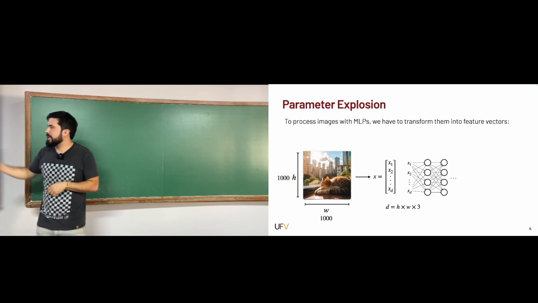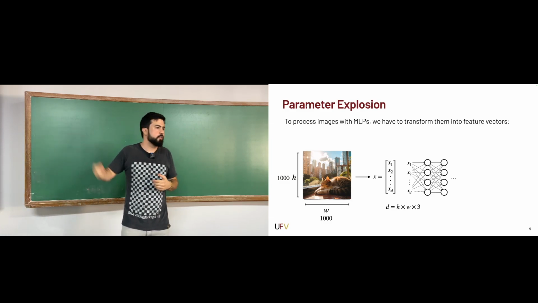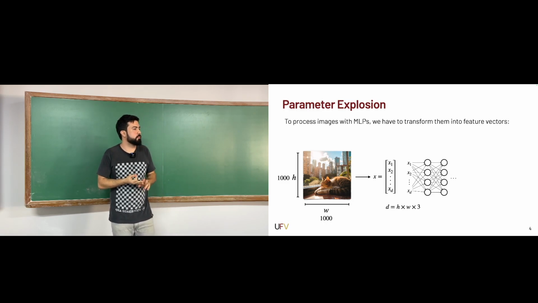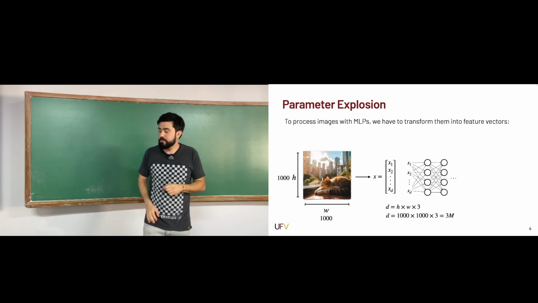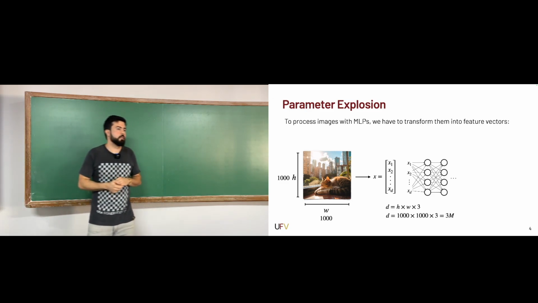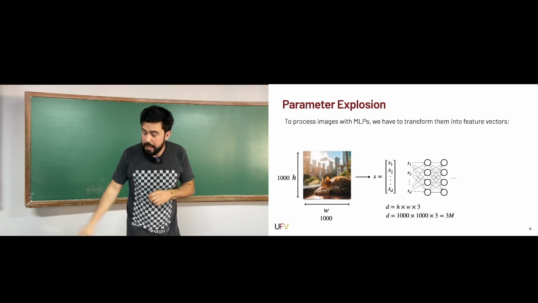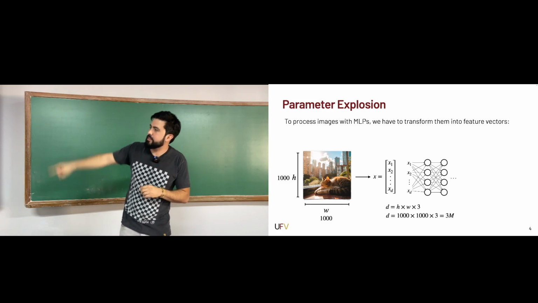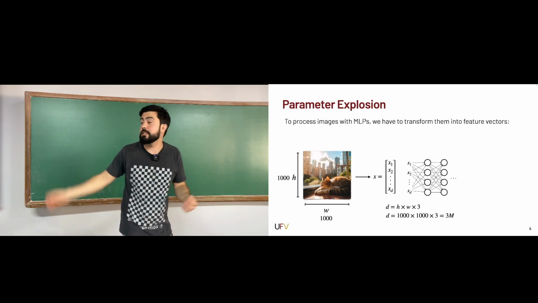You just have to multiply height by width by 3, and by 3 because we're talking about a colored image, so you have 3 channels in there. You have red, green, and blue. So that gives us 3 million dimensions. And this is not even a big image, as I said. And this is the size of the input. That X vector there would have 3 million inputs, or 3 million dimensions.